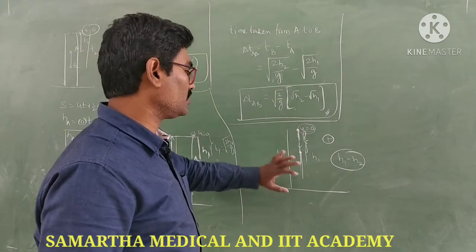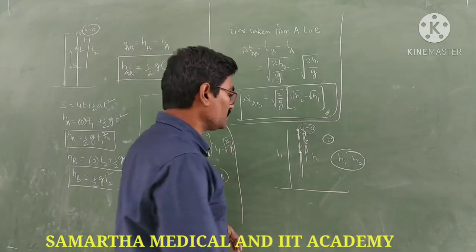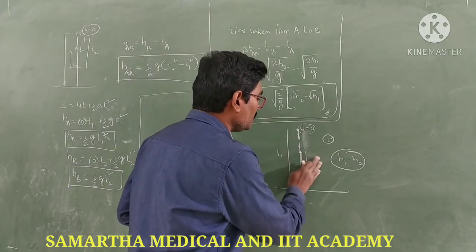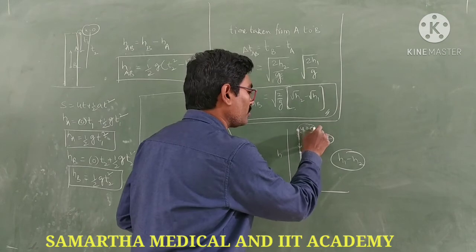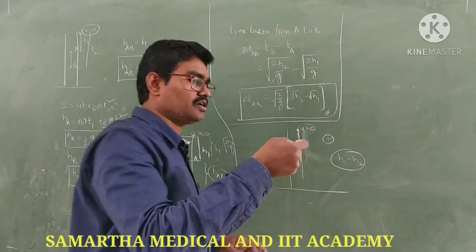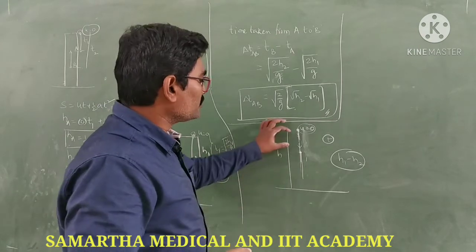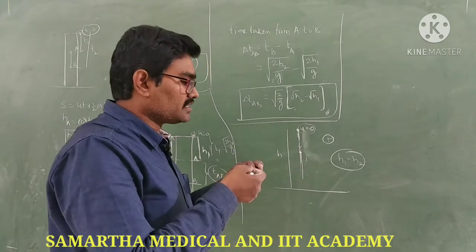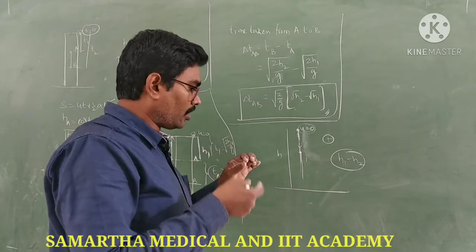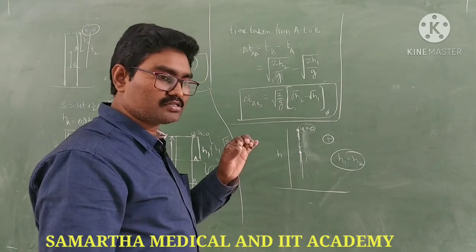That is the next application. I repeat: if there are two bodies, the first body is dropped, and after some time you drop the second body. At the time of the second body dropping, the first body has already travelled some distance.